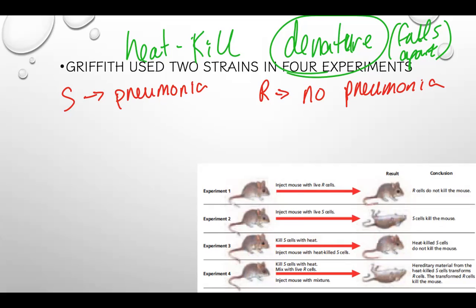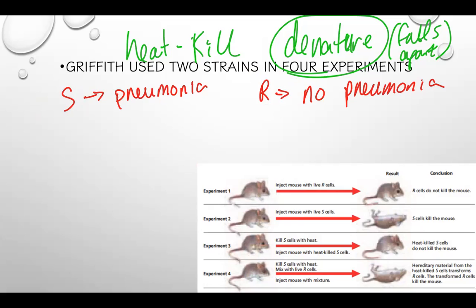Here's the weird part, okay? Experiment number 4. He killed the S cells with heat, but he mixed them with living R cells, okay? So we have heat-killed S cells and living R cells. Now, under individual conditions, through experiment number 1 and experiment number 3, live R cells result in a mouse surviving.